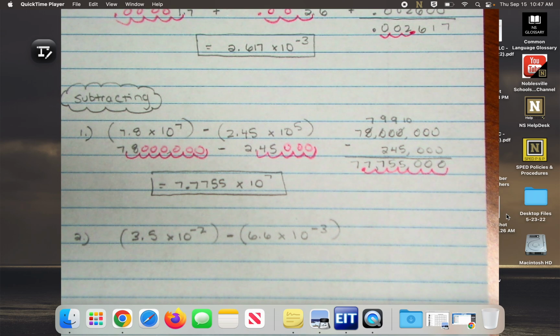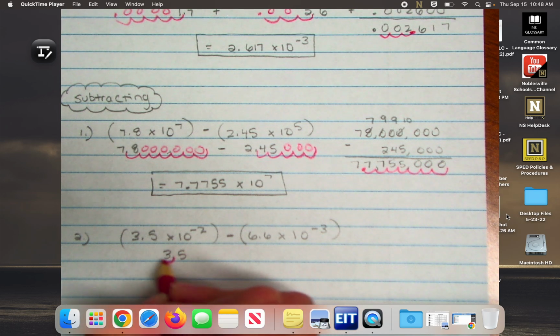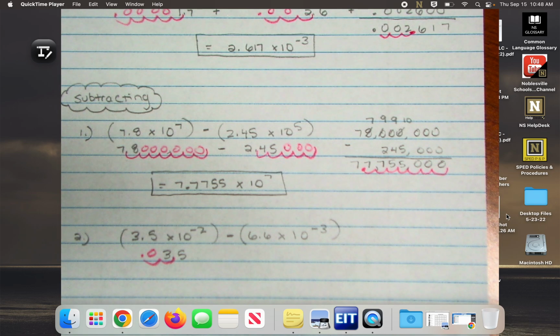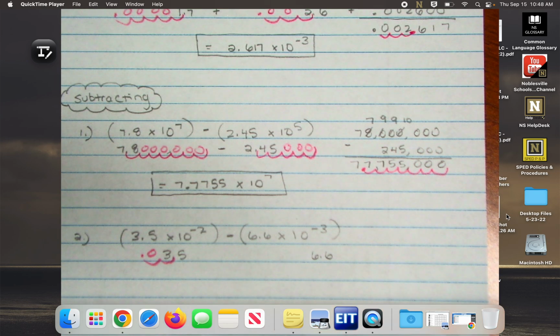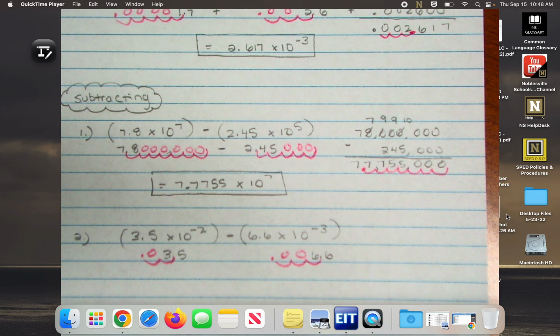Wait, that is a negative. So I have 3.5, I'm going to go to the left 2 places, so I have 0.35. And then I have 6.6, go to the left 3: 0.0060.